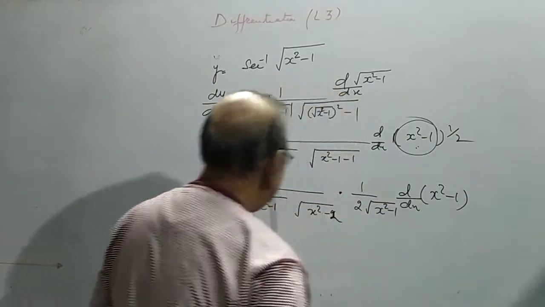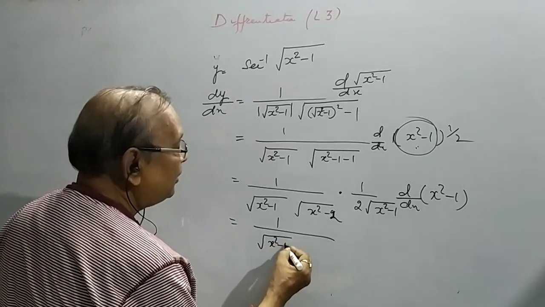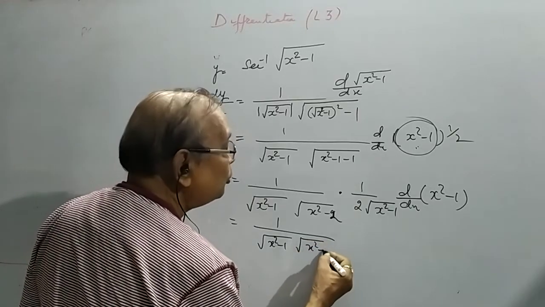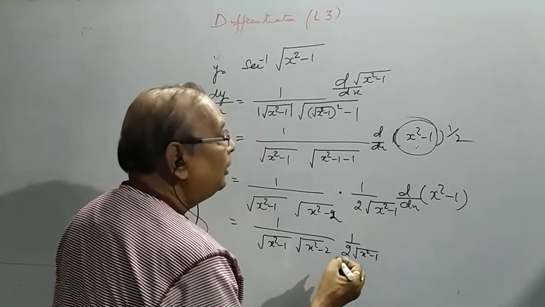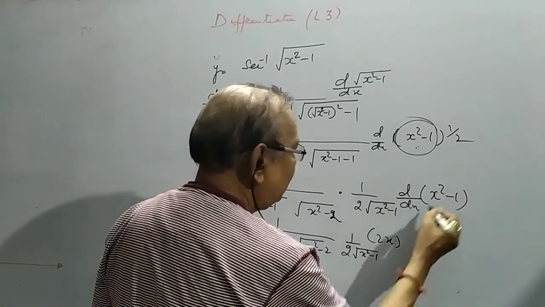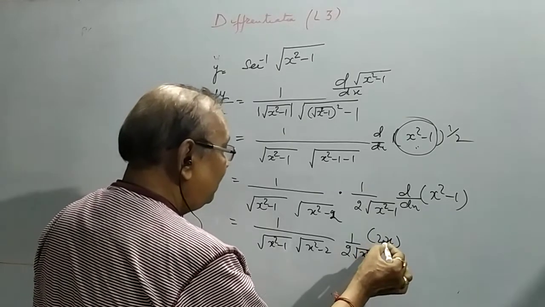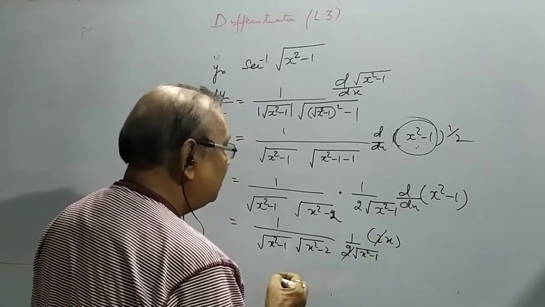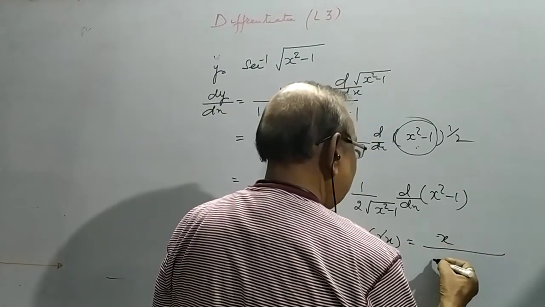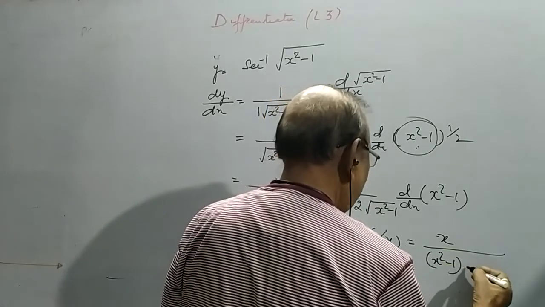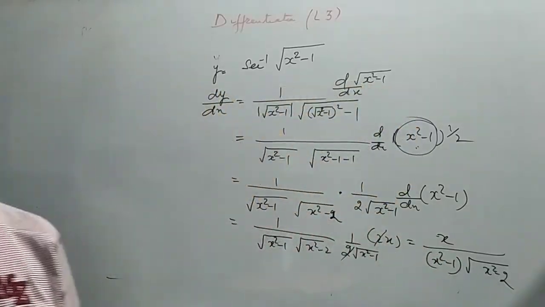Now here what happens, 1 upon 2 under root x square minus 1 into 2x, d by dx of x square minus 1 means 2x only, and 2 cancels 2. If we simplify we will get x upon x square minus 1 under root x square minus 2. That's the answer.